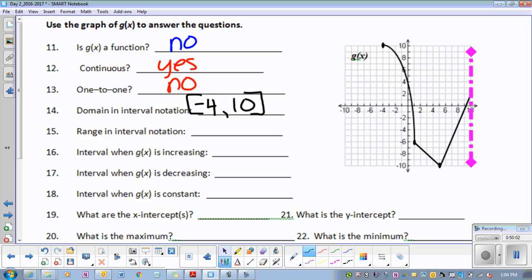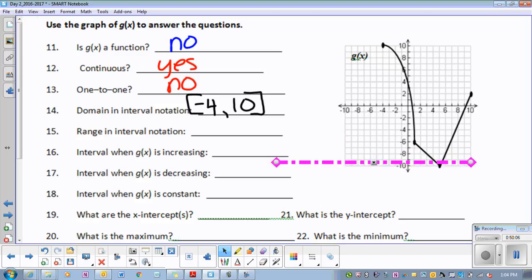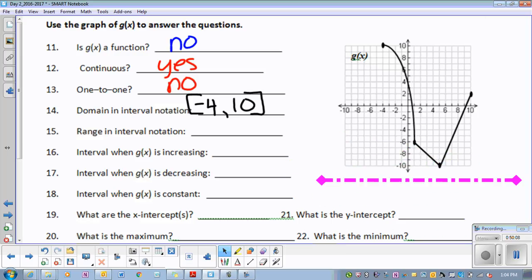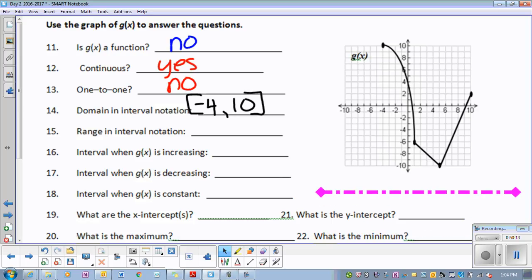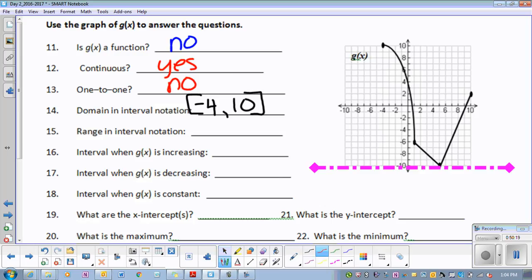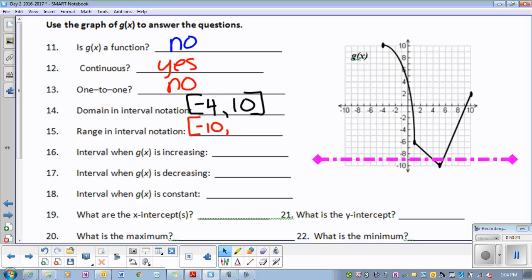Now the range. I need to start from the bottom to the top. I don't have any arrows, so I know I don't have a negative infinity. Where does this graph start? What y number? -10. Bracket -10. And then it goes up. The right part ends there, but the left part keeps on going.